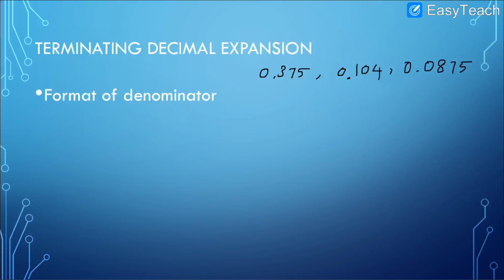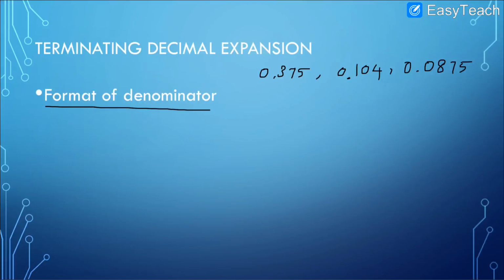See here I have some numbers: 0.375, 0.104, 0.0875. These are not repeating, right? This is called terminating decimal expansion. Here I want to explain the format of the denominator.